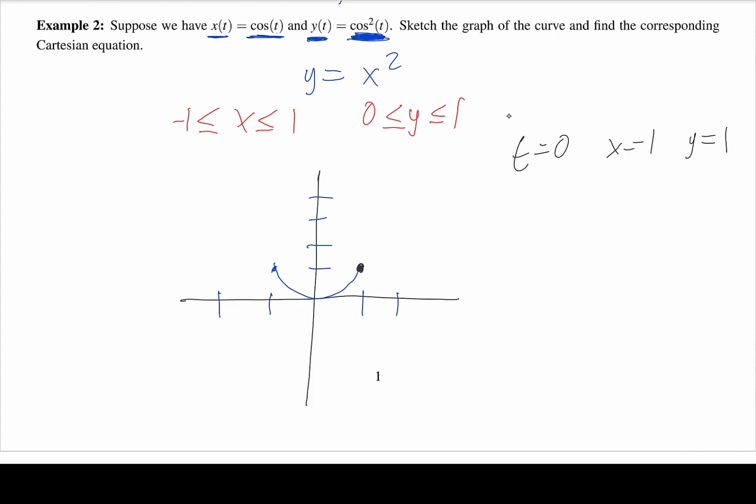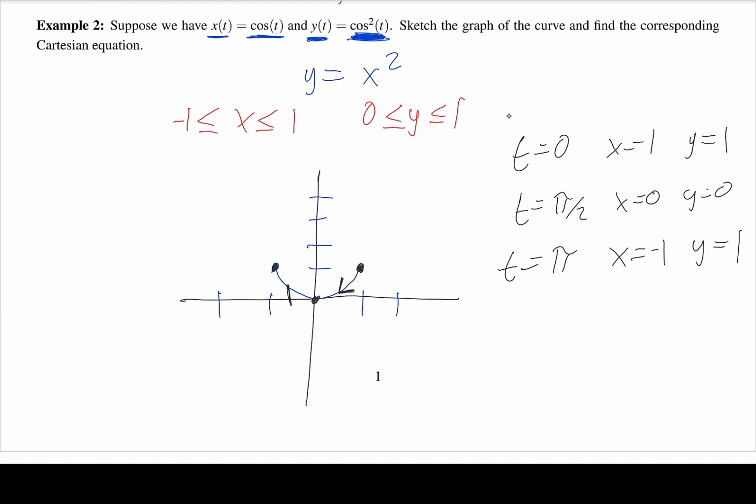Now, when t is equal to pi over 2, we have x equal to 0 and y equal to 0. So then we travel to here. When t is equal to pi, we get x equals negative 1 and y equals 1. So we'd be right here.